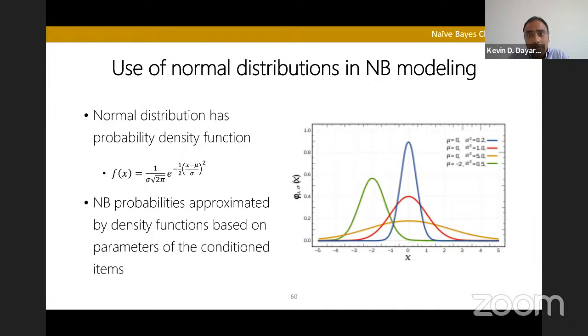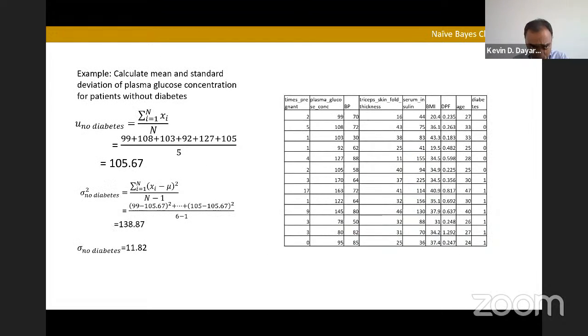But what people do is they will take, just like we conditioned on the outcome variables for the discrete settings that we had talked about earlier, they will compute the mean and standard deviation for the outcome variables, in this case, whether or not the person had diabetes, and compute the normal distribution, right, like this.